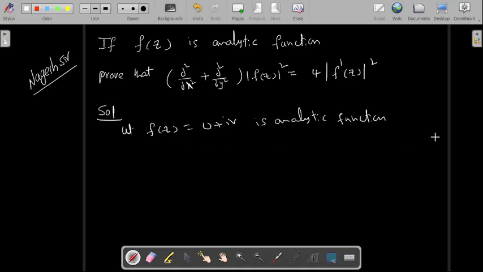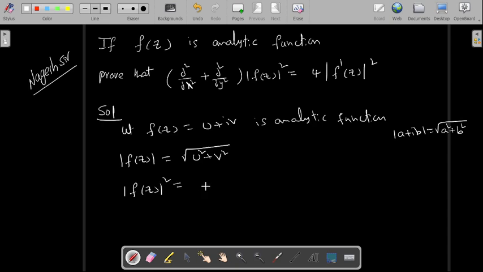Now, the modulus of a + ib is nothing but the square root of a² + b². So the modulus of f(z), with f(z) = u + iv, is the square root of u² + v². Squaring on both sides, |f(z)|² = u² + v².